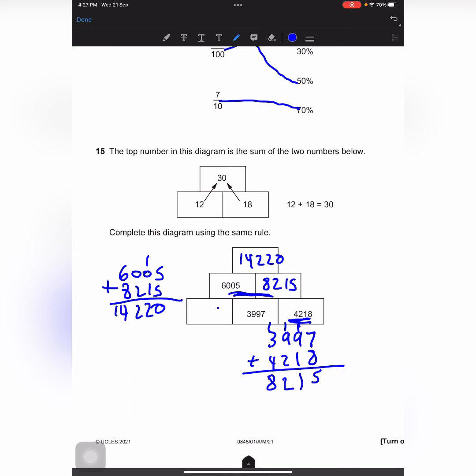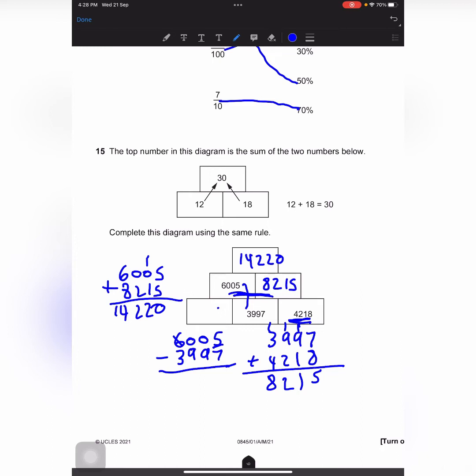And now for right here, if we want to figure this out, we're going to have to subtract. So we're going to do 6,005 subtracted by 3,997. So let's do that. Subtract. So as you can see, this is bigger and this is small right here, so we'll have to borrow.